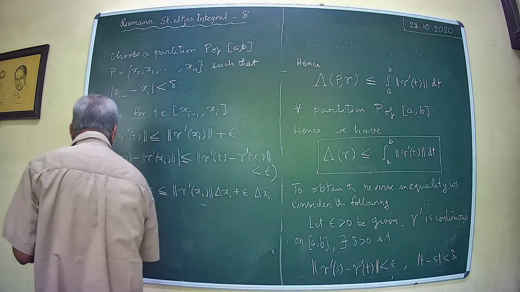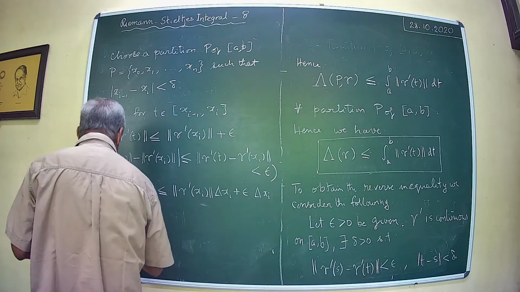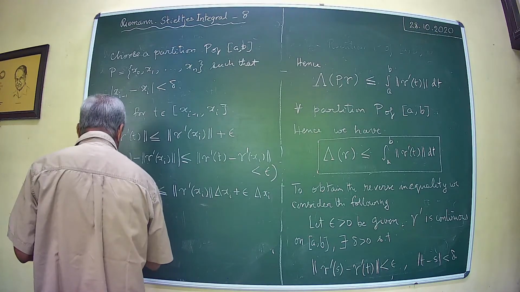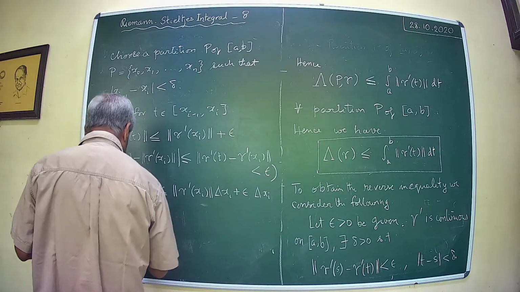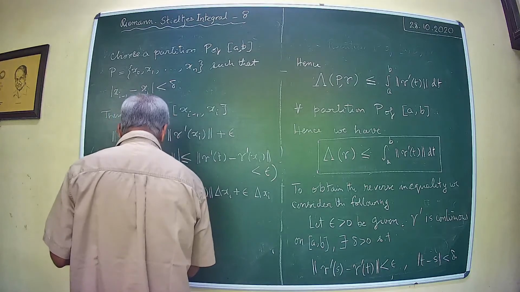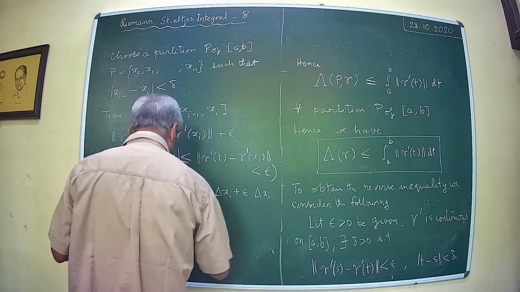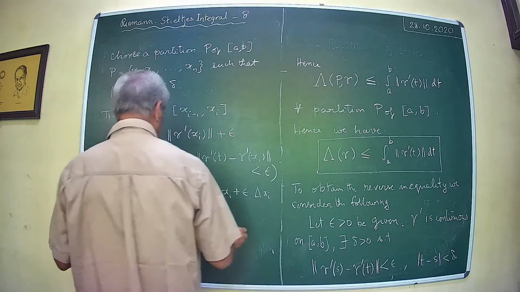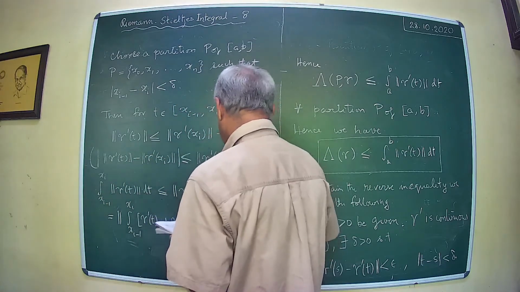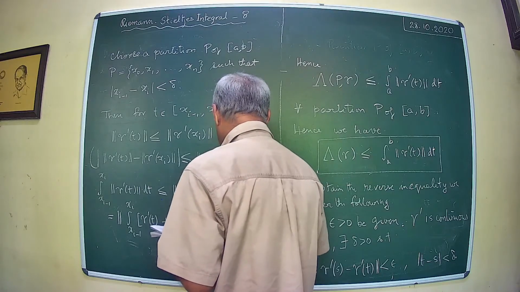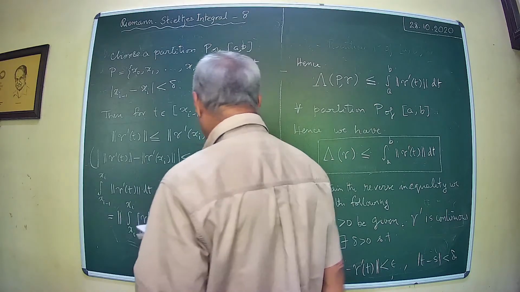From this step I rewrite as the norm of the integral from xi minus 1 to xi of gamma prime t plus gamma prime xi minus gamma prime of that.